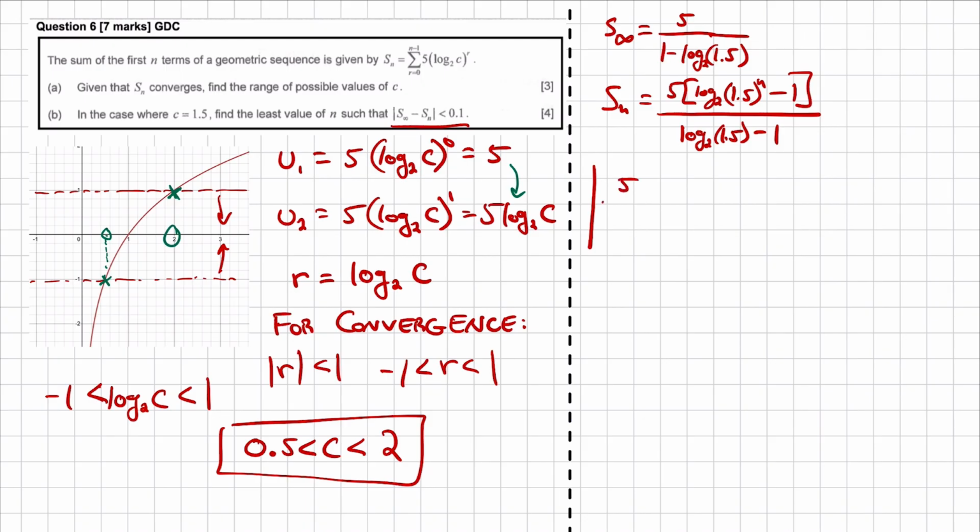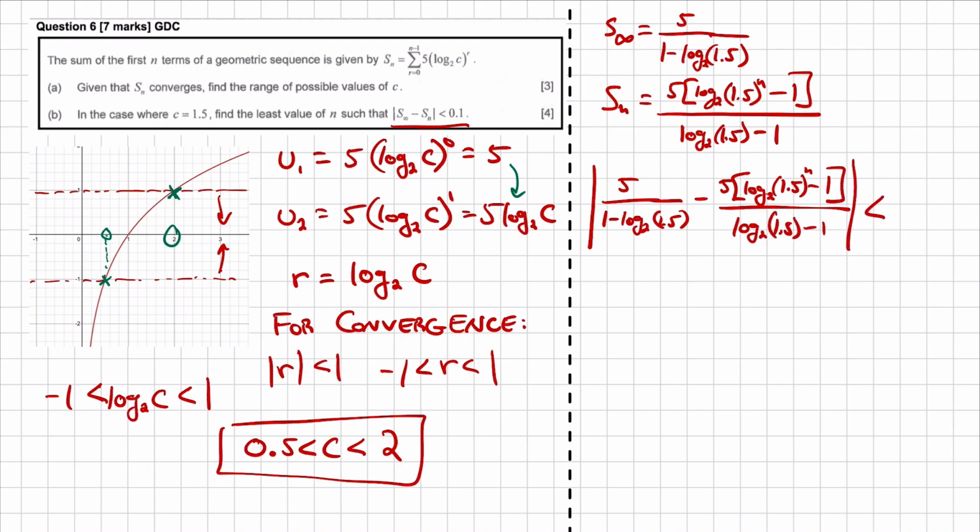So that'll be 5 divided by 1 minus log base 2 of 1.5. So that's our sum to infinity, minus 5 times log base 2 of 1.5 raised to the n, minus 1, all over log base 2 of 1.5 minus 1. Okay, absolute value of that is less than 0.1.